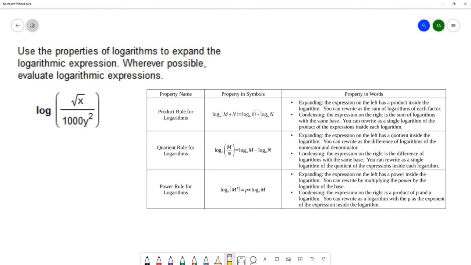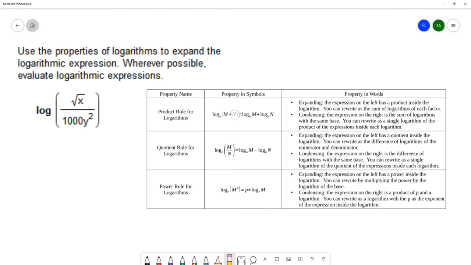The product rule allows you to take an expression that is multiplied and turn it into the sum of two logarithms. And the quotient rule allows you to take a quotient or division inside the logarithm and turn it into the subtraction of two logarithms.